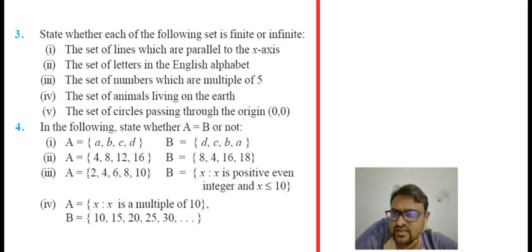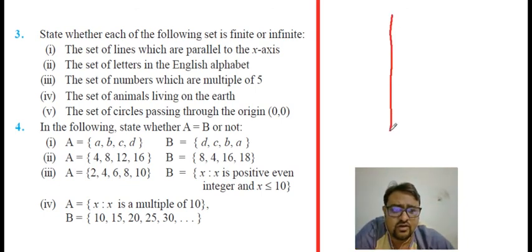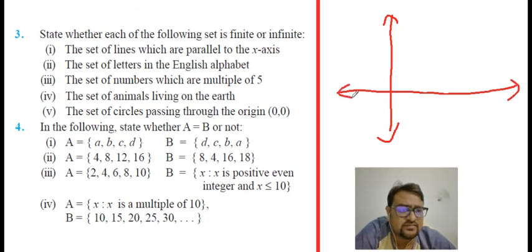So the first is the set of lines which are parallel to the x-axis. See, if I draw this as the y-axis and this as the x-axis, clear?